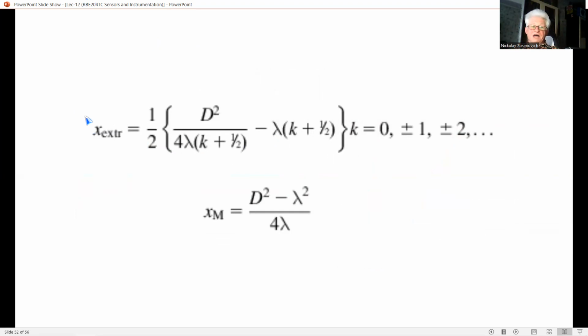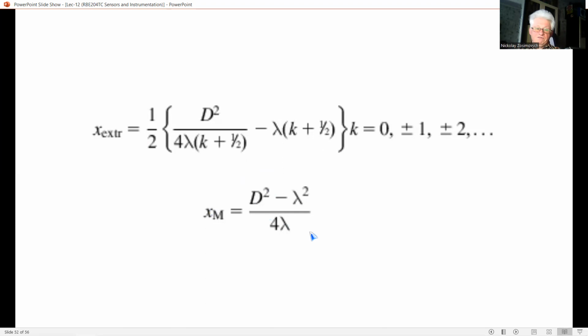The maximum of the largest value x is found for k equal 0, and gives the equation for xm: xm is proportional to D squared minus lambda squared over 4 lambda.